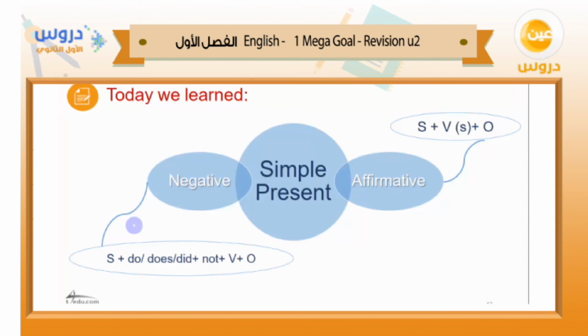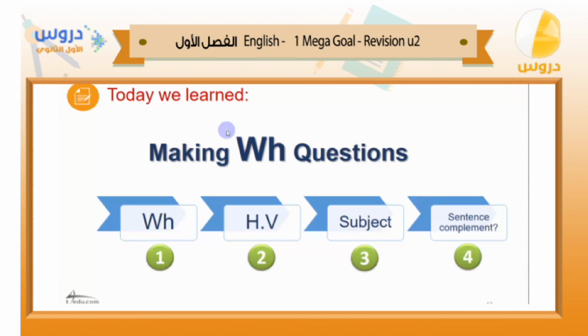Today, what we learned, we learned the structure of the negative: subject plus do, does, or did, plus not, plus the verb, plus the object, and the affirmative in the present simple: subject plus the verb plus the object. All right?